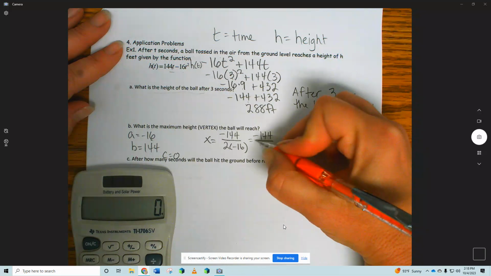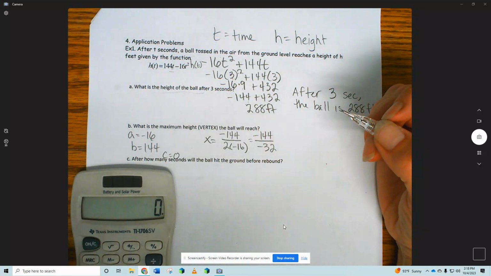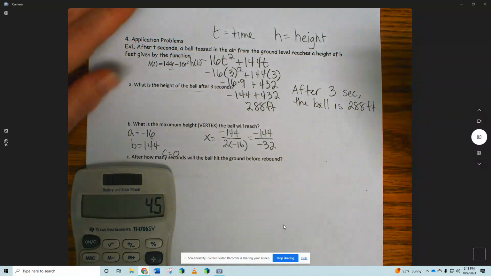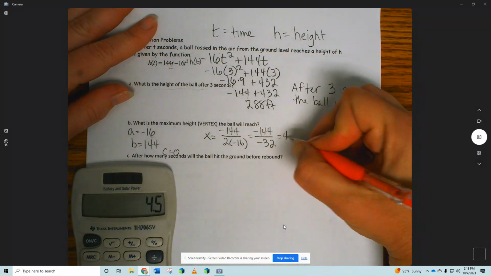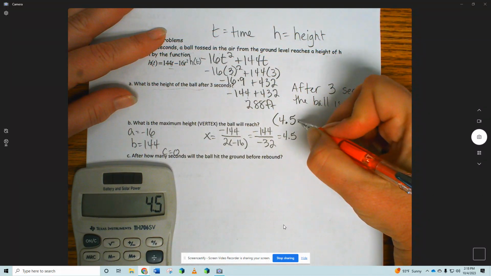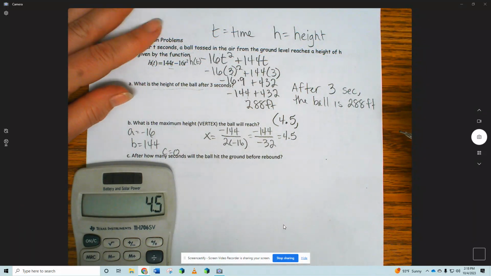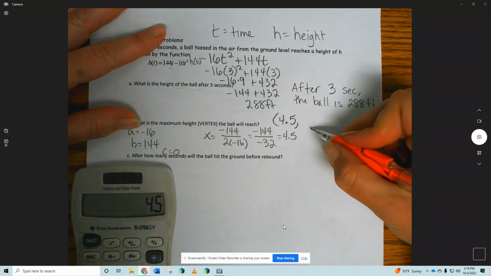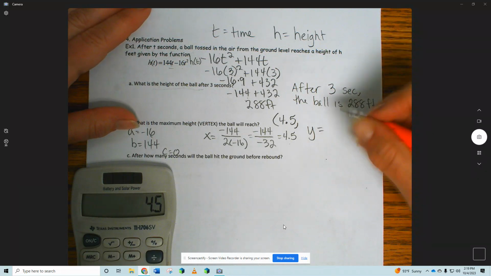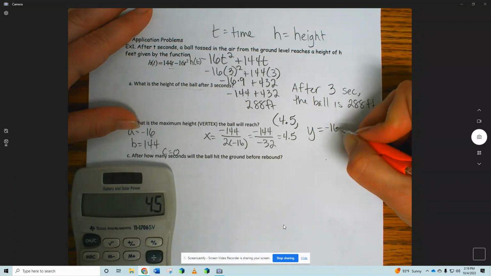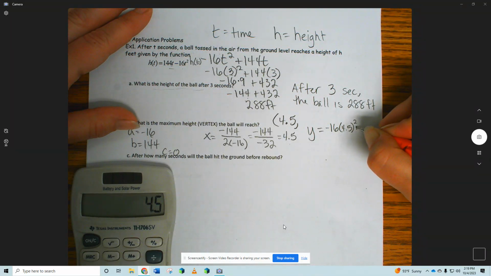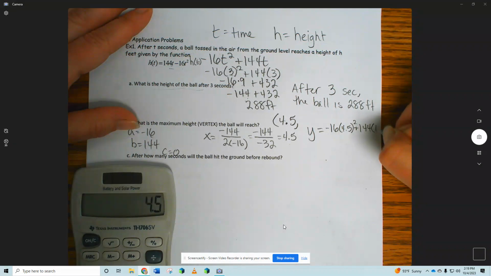Negative 144 divided by negative 32. It's 4.5. So 4.5 seconds, and then it'll be at the highest. So this is my x, plug it in. Y equals negative 16, 4.5 squared, plus 144, 4.5.